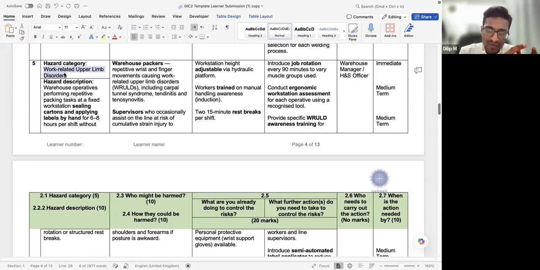So we start with giving a description of the hazard, then who might be harmed and how, and then we are going to identify a range of controls, which includes the existing controls and additional controls, and then who is responsible for implementing the additional controls, and what is the timeline for each of the additional controls to be implemented.